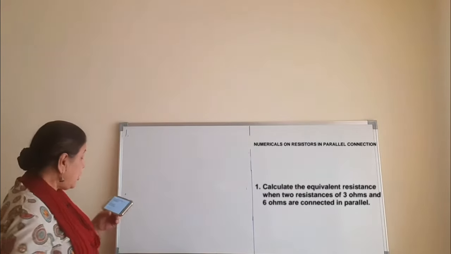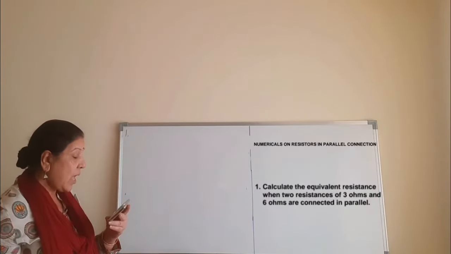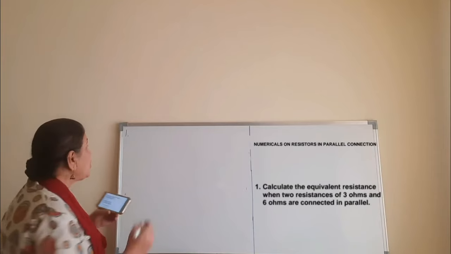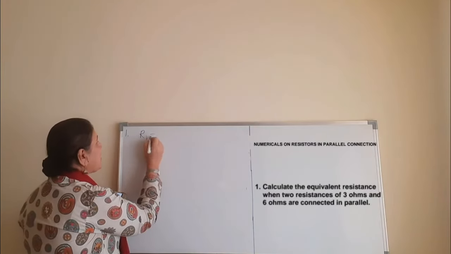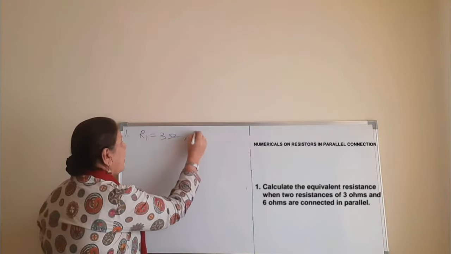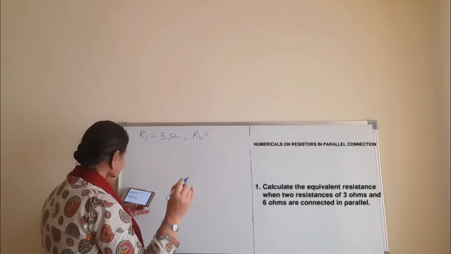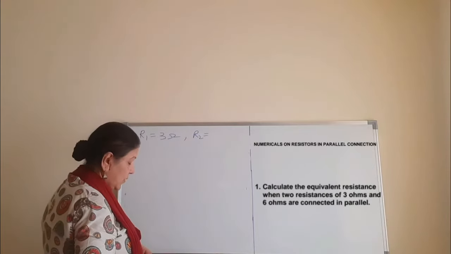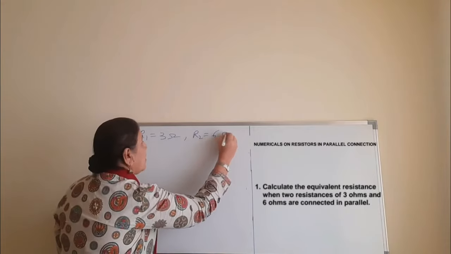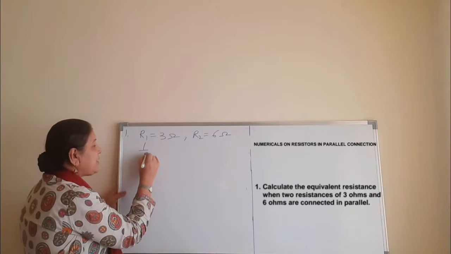So in the first question it is given that two resistances, R1 is 3 ohm and R2 is 6 ohms. They are connected in parallel.